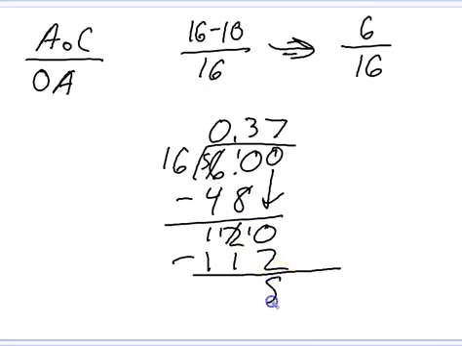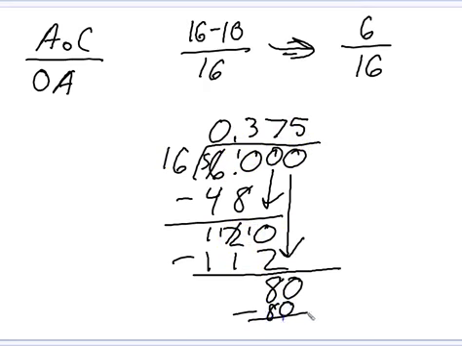This becomes 8. 16 doesn't go into 8. 0 comes down. 16 goes into 80 5 times. We get 16, 32, 48, 64, 80. We know we're done because it's 0.